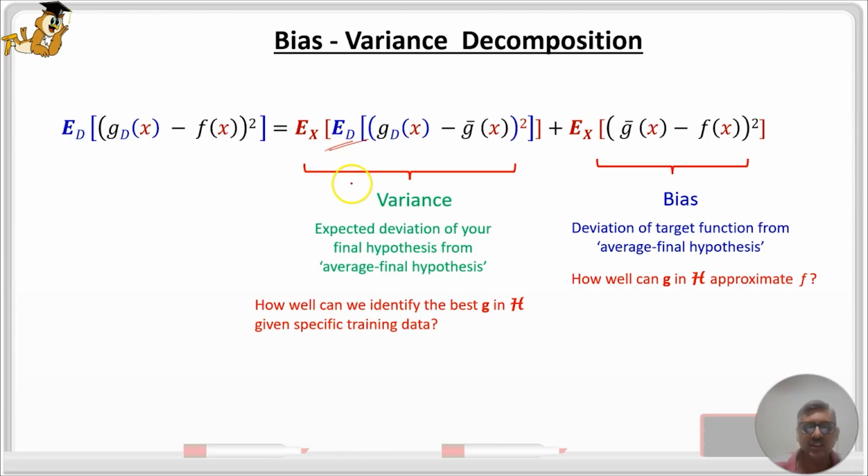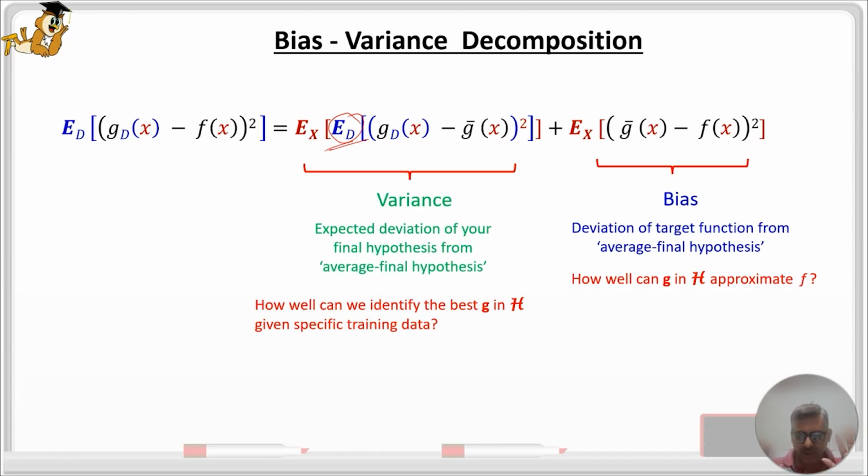It's the expected value of a random variable, which is different from the value that a random variable takes at a particular point in time. So you cannot say that for my particular hypothesis, this was my variance. That's not strictly correct theoretical usage. Variance is an expected value of a random variable. It is not the value of the random variable at a particular point in time or in a particular manifestation.